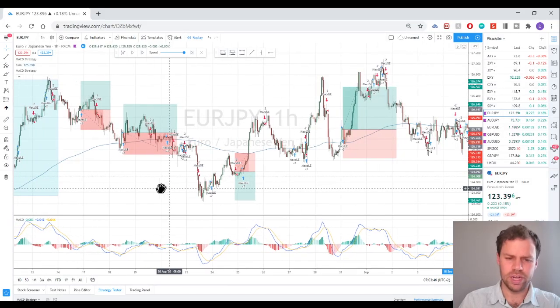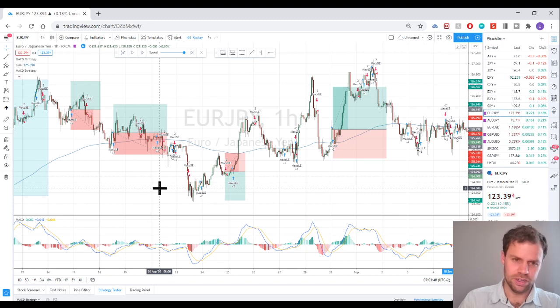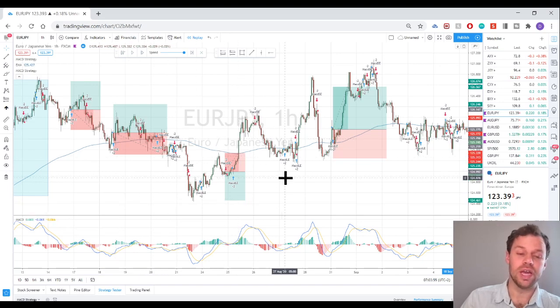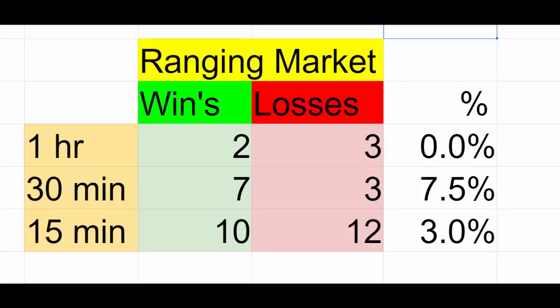Here we are on the ranging market. So using these MACD signals, on the 1 hour on the euro yen, we have 3 losses and 2 wins. So overall, you get 0% profit on the 1 hour on the euro yen, which kind of sucks, I must say.